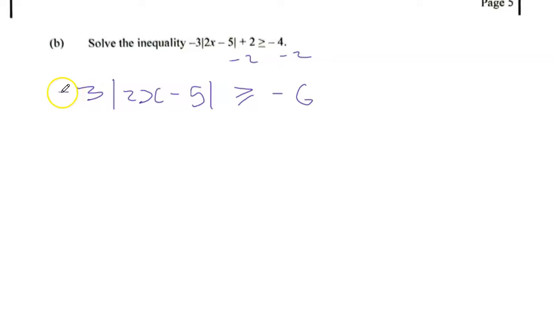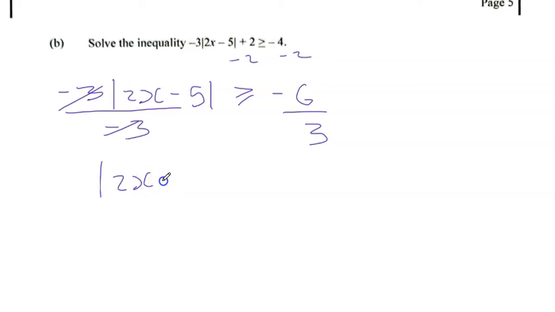To get rid of the -3, we can divide both sides by -3. So -3 into itself leaves us with just the modulus of 2x minus 5. And because we're dividing both sides of the inequality by a negative number, the symbol will have to change direction. So this becomes less than or equal to, and -6 divided by -3 is +2. So we end up with that.